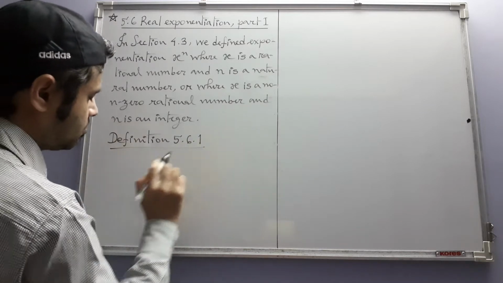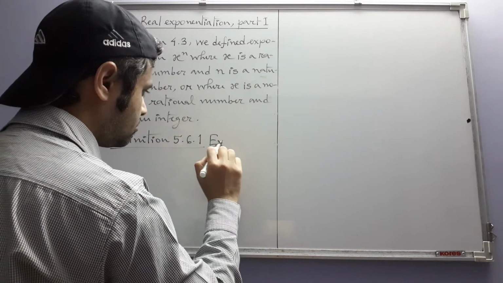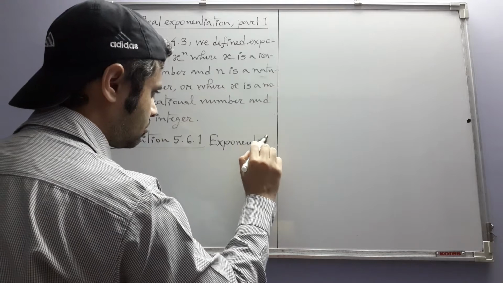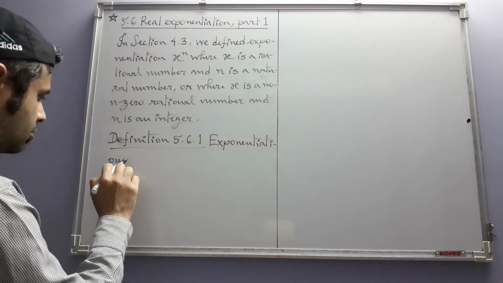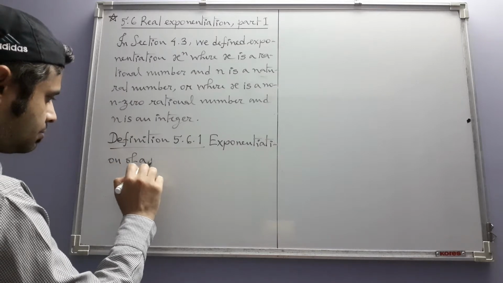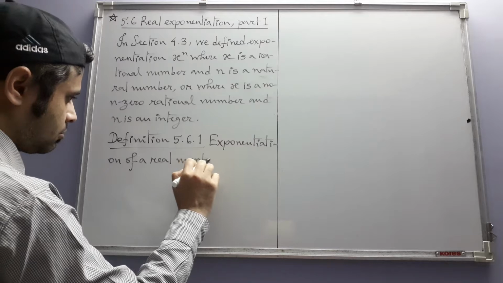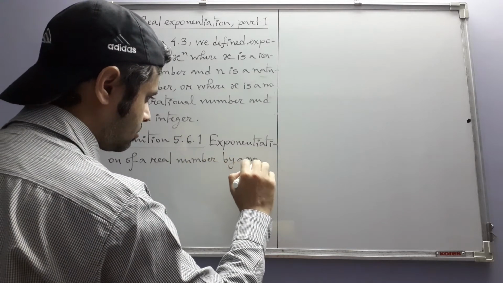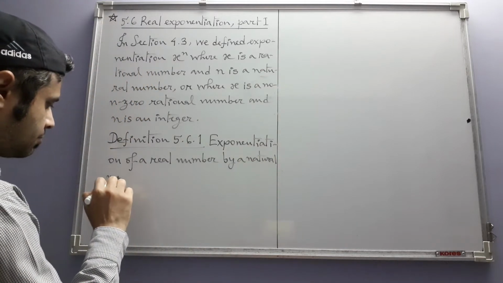Definition 5.6.1, it has a name also. Exponentiation of a real number by a natural number.